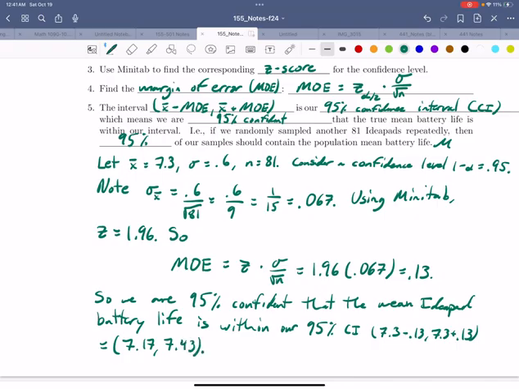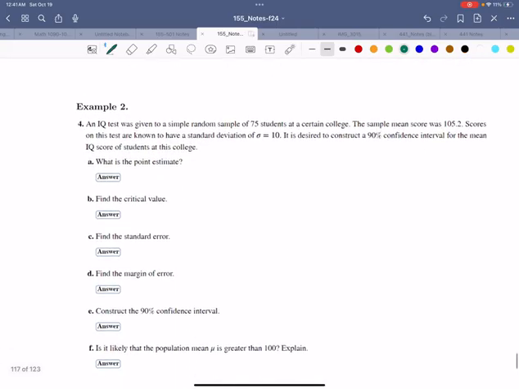All right. So that's a good range for what we could expect the IdeaPad battery lives to be, based on our 81 sample size. All right, let's look at another example.